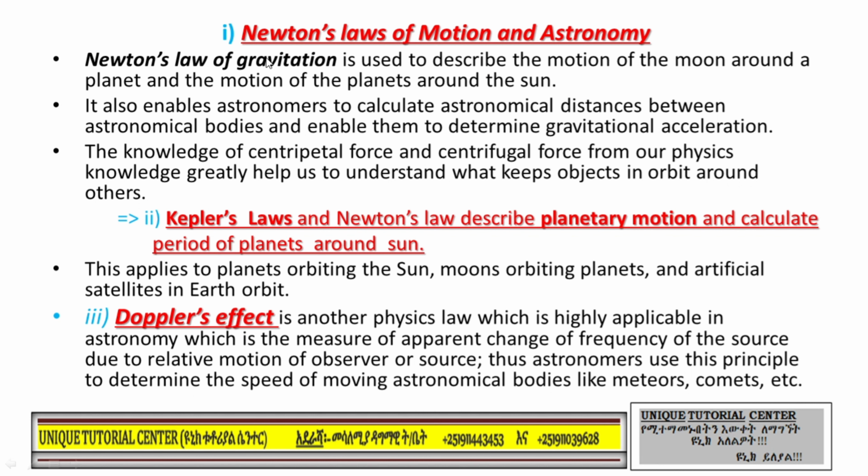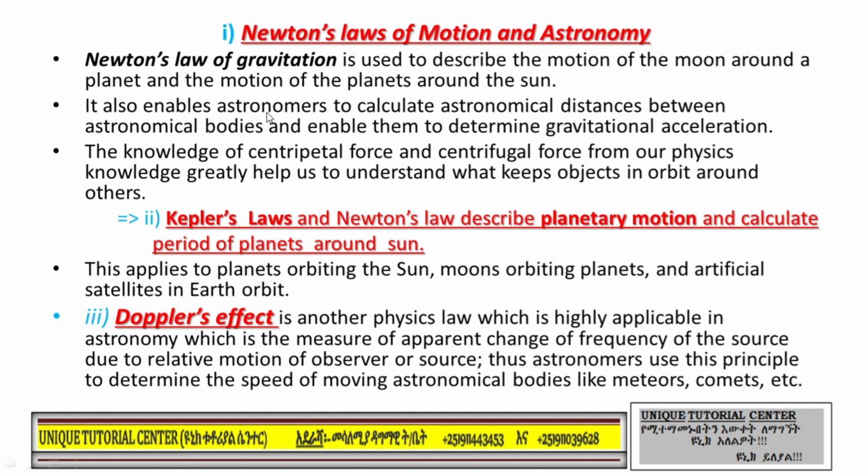The first law is Newton's law of gravitation. It is used to describe the motion of the moon or planets around the sun or the motion of satellites around planets. The motion of planets around the sun or of satellites around planets is easily explained by Newton's law of gravitation.